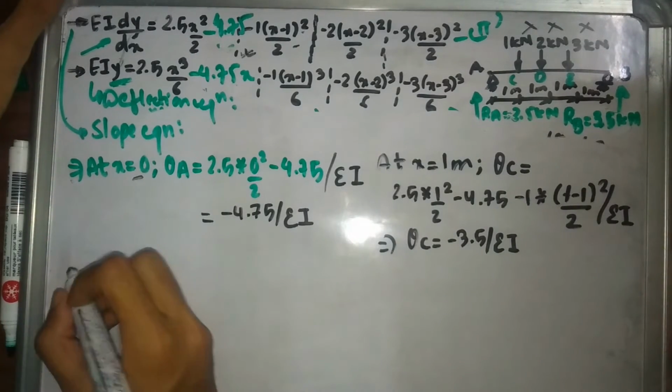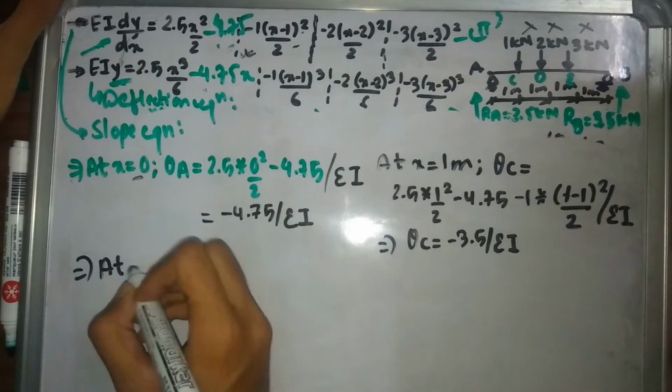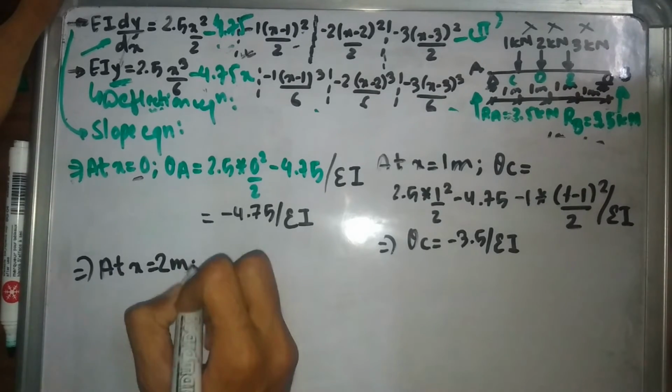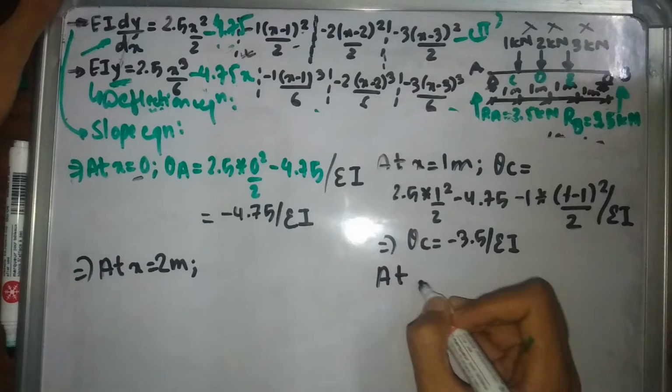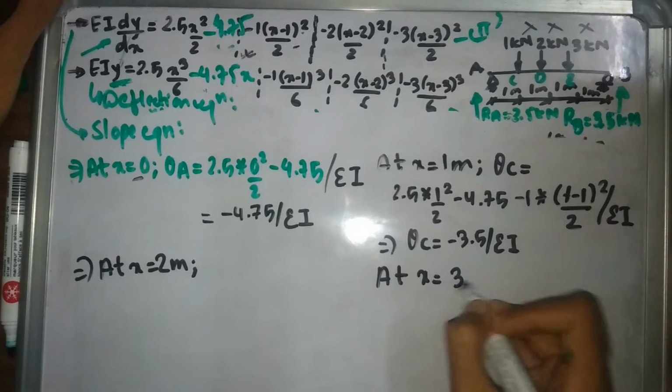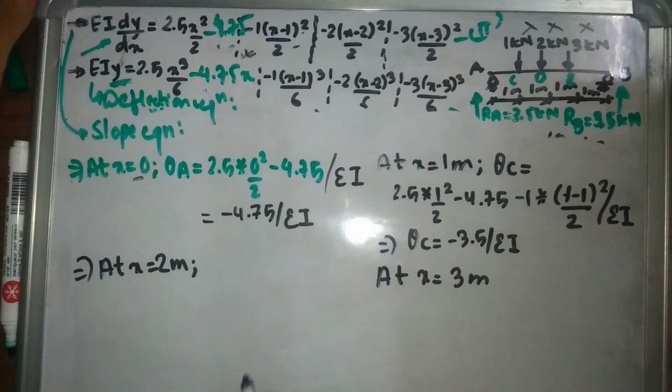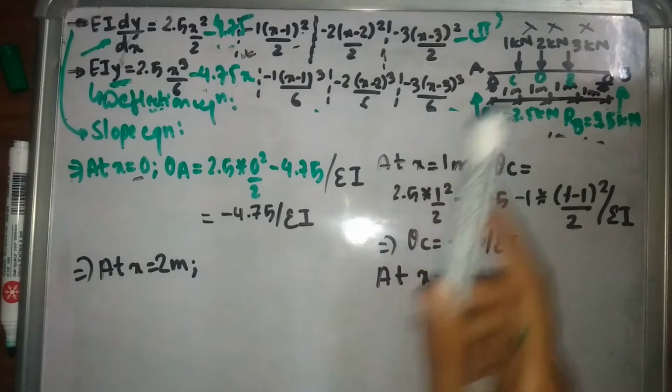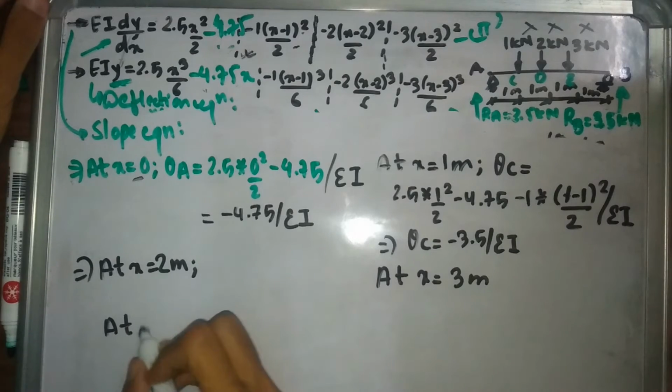So let me just move up to here. I'm going to calculate at x equals to 2 meter, at x equals to 3 meter, and at x equals to 4 meter.